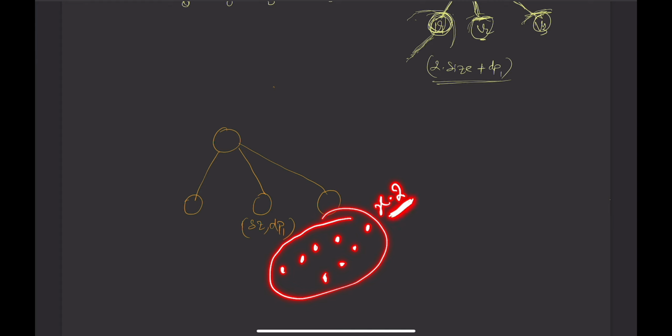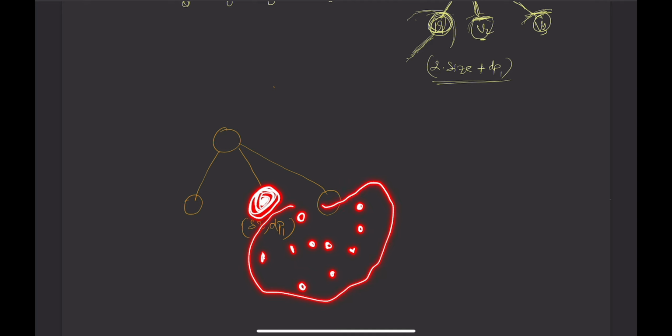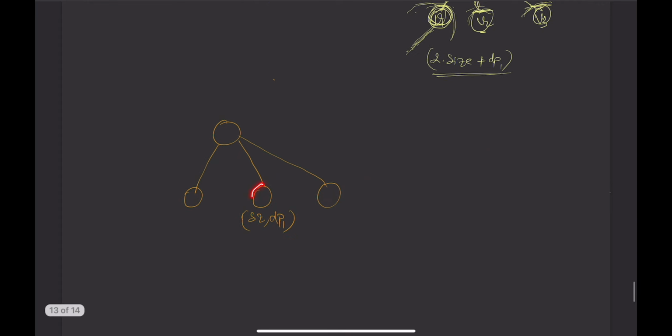But will it also do the same for this one? I don't think so. Yeah, got it. So all these nodes' distances, suppose the subtree size is x, that means there will be x minus 1 nodes, right? So these distances will increment by 2, plus this node which is alone will also contribute to the answer.